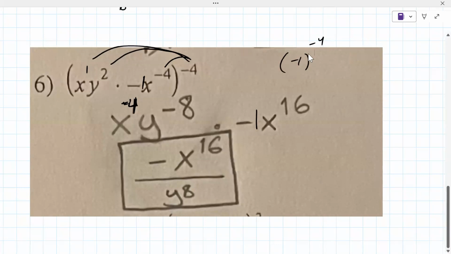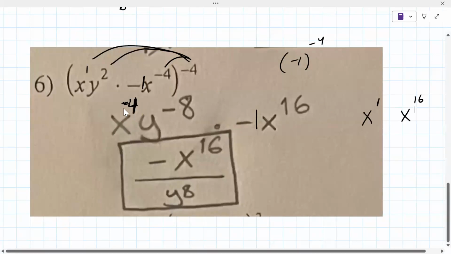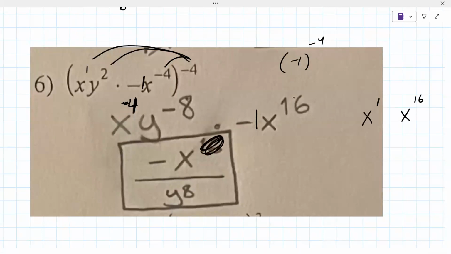But from here, the thing that was a little bit concerning is, because you didn't have anything there, it looked like you combined x and x to the 16th to just x to the 16th, but because the bases are the same and there is at least a 1 there, it should be a different number, but really it's -4. -4 plus 16 is 12, and then the y to the 8th on the bottom, that's good there.